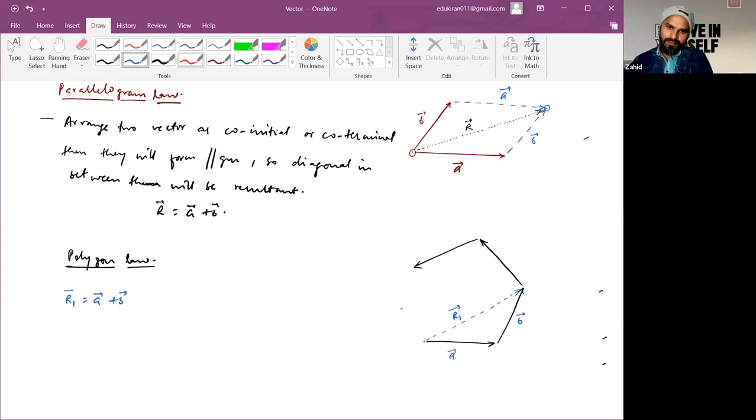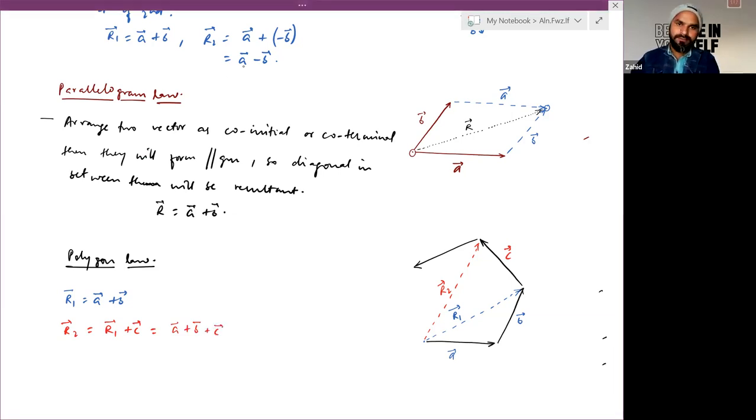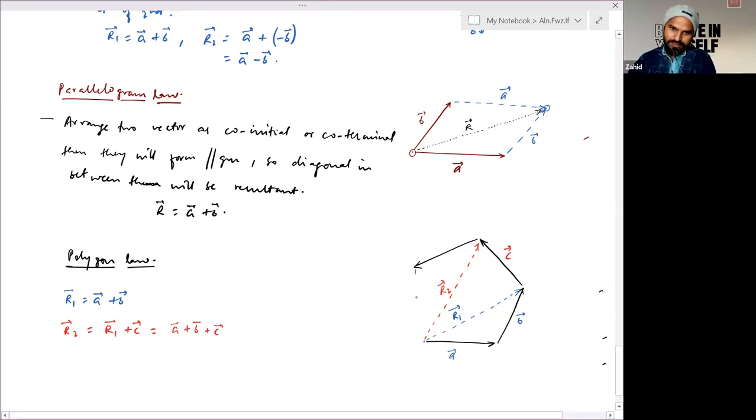Next, if you want to add from this point to this point, let it be R2 and this will be C. So R2 will be the resultant of R1 and C. R1 we have calculated above as A plus B, so R2 is A plus B plus C. Next, if you join this term to this point, it will be R3.